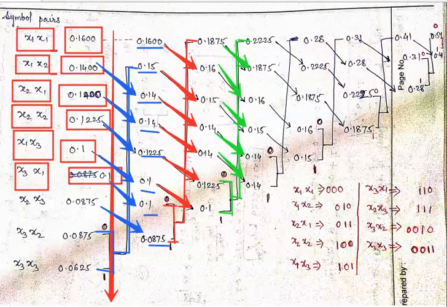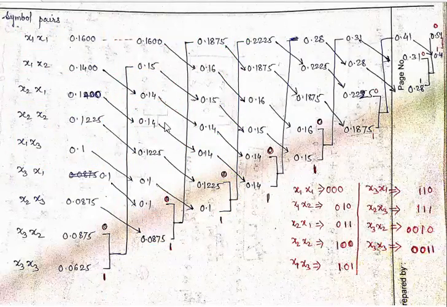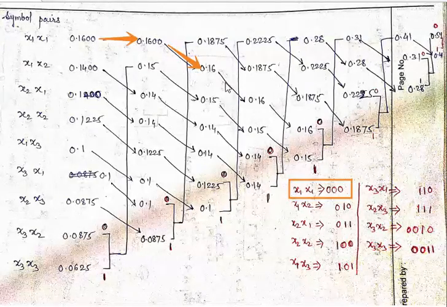Now to track out the related bits for x1, this is what is written over here. If you are able to track it, you will find that x1 will have the 000 code word. So let's check how exactly it will be obtained. This is the path for x1. This is the path. Still the code is not over there.